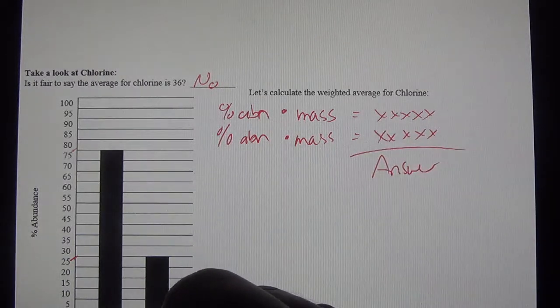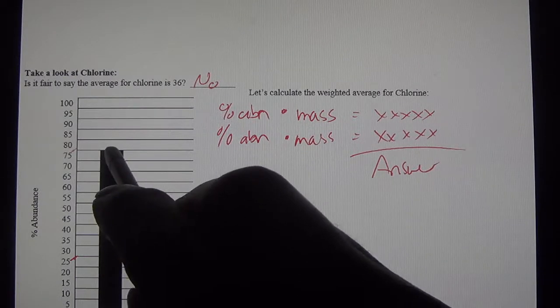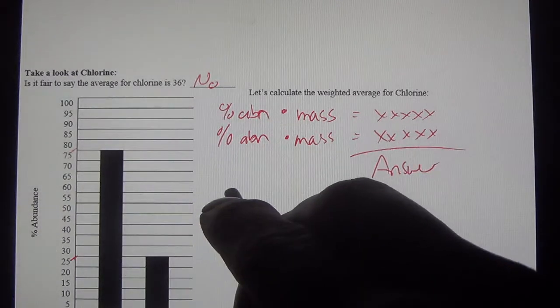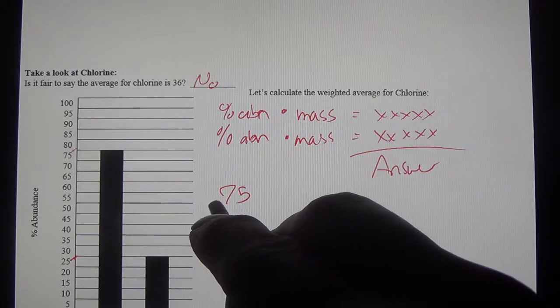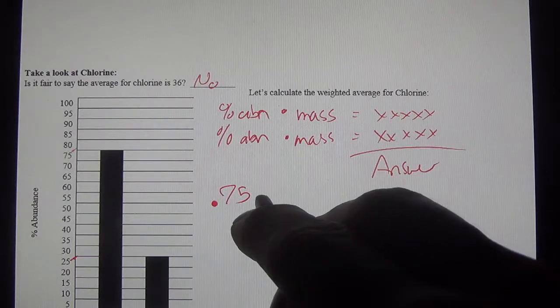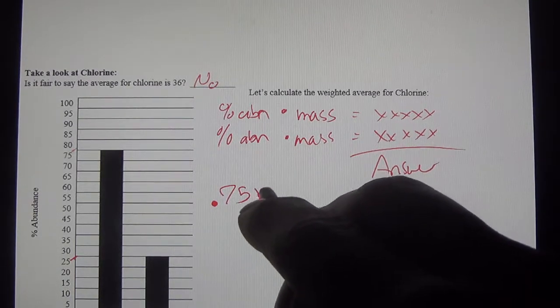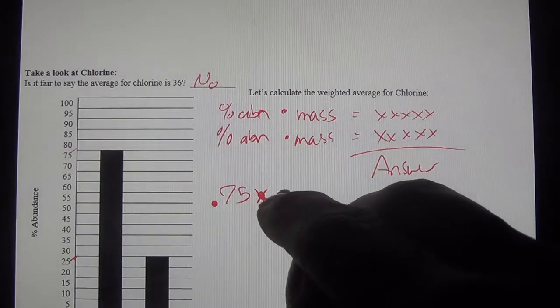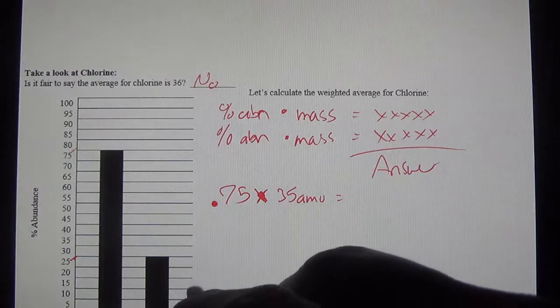So percent abundance, and you need to change it to a decimal. So 35 is 75%. 75% changed to decimal, move that decimal twice, is 0.75 times a mass of 35 AMUs, that's just our label, atomic mass units.